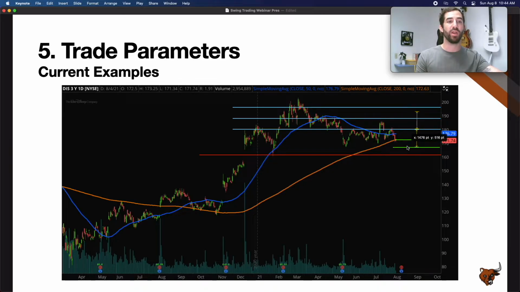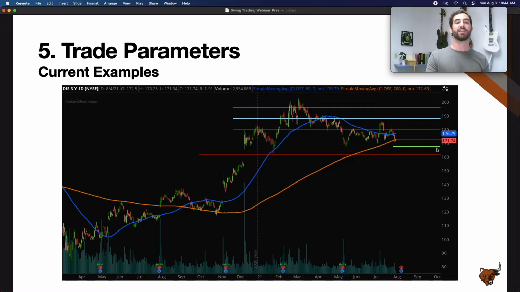So I'm going to put another buy level down here, about 167, 168. All right, so I'm buying half my position at 171, and I will finish buying my second half if it reaches, let's say, 166.